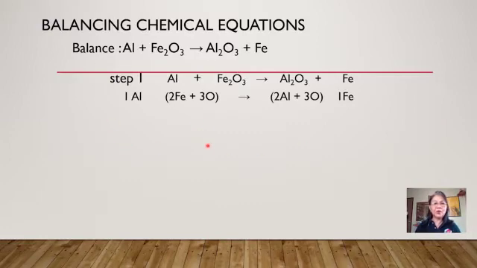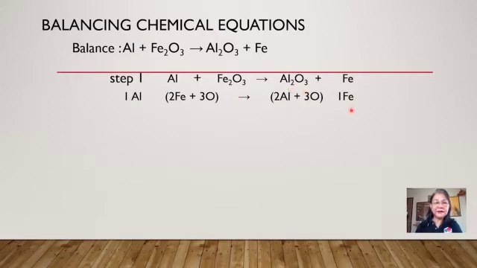So step 1, let us consider the number of atoms of each element in the equation on both sides of the equation. So 1 aluminum, 2 iron, 3 oxygen in the reactant, 2 aluminum in the product, 3 oxygen, and there's only 1 iron.